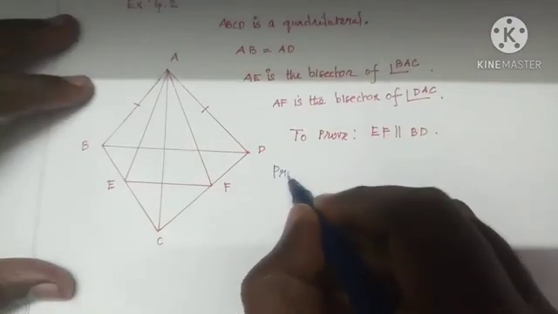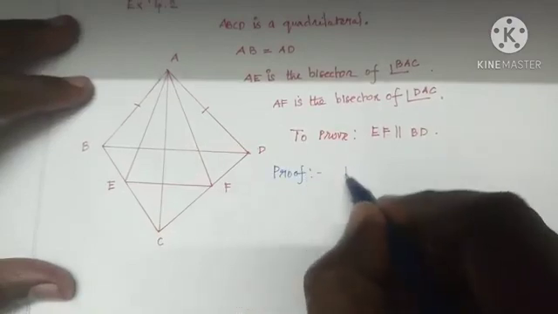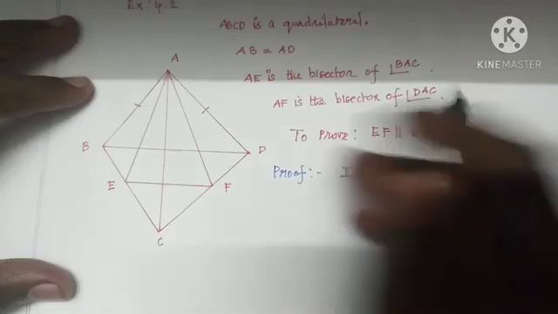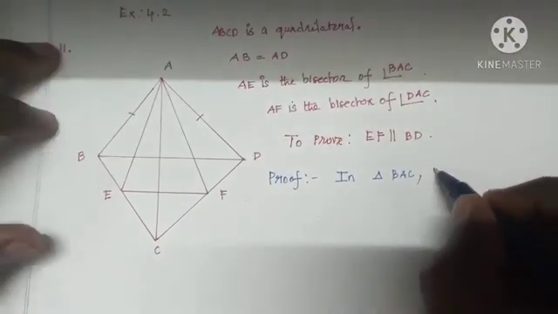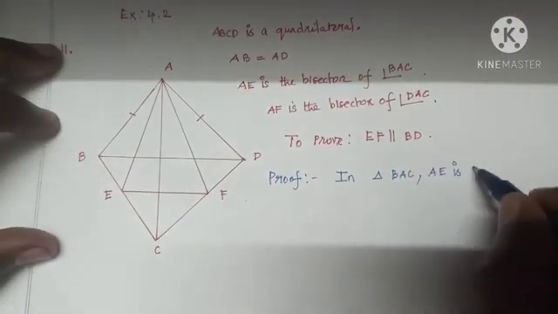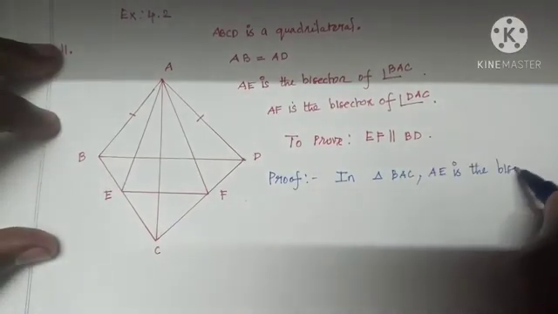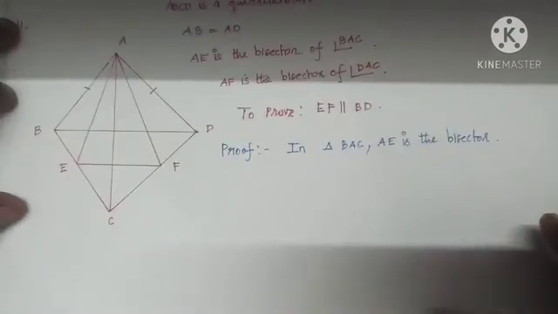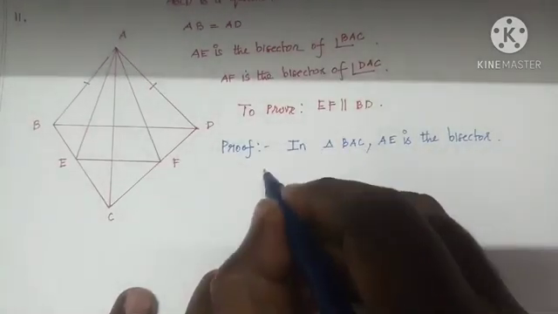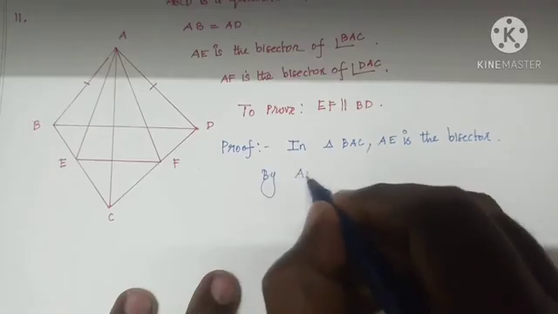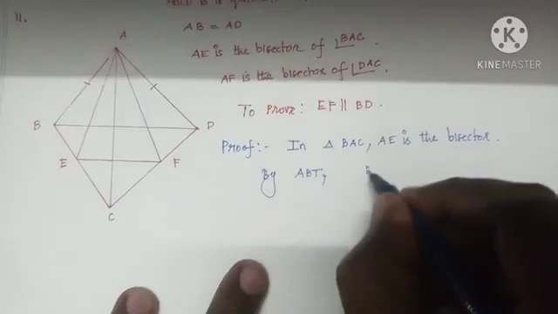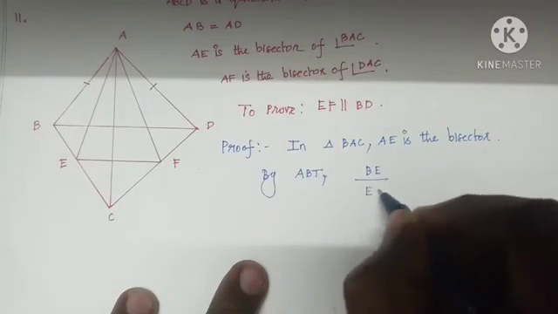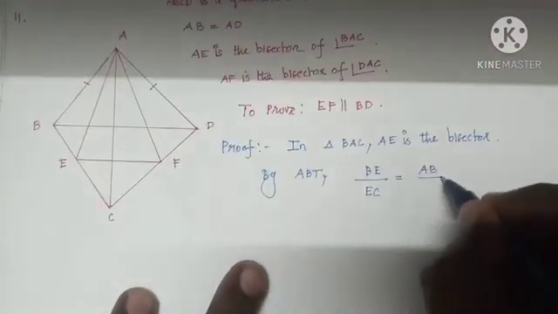Proof. In triangle BAC, AE is the bisector. So by the ABT theorem, the angle bisector theorem, we can write BE by EC is equal to AB by AC.